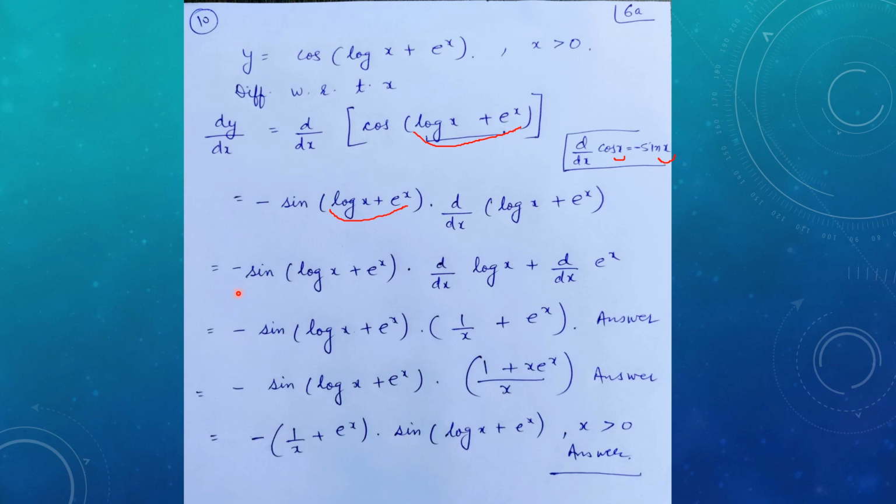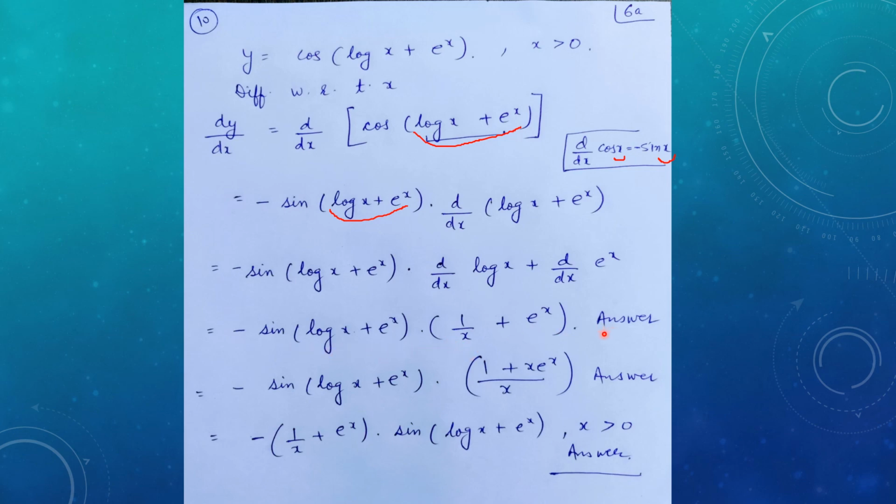Now answer is equal to minus sine log x plus e power x as it is multiplied by d by dx log x plus d by dx e power x, right? So you get minus sine log x plus e power x multiplied by what is the derivative of log x? Answer is 1 upon x plus d by dx e power x. What is the derivative of e power x? Answer is e power x. So your answer is minus sine log x plus e power x into 1 upon x plus e power x.